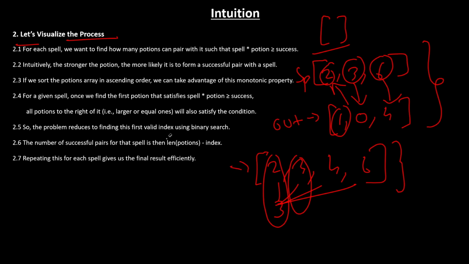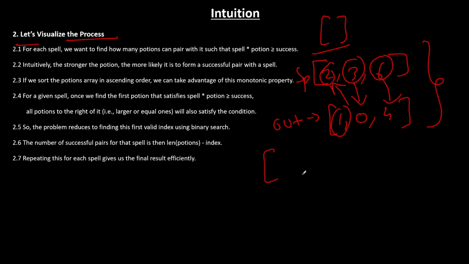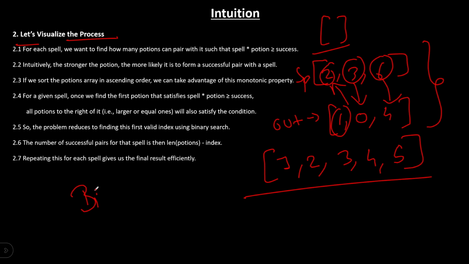From there, we can figure out that if we sort this potion array, for example, if after sorting it becomes 1, 2, 3, 4, and 5, it becomes easier for us, because if a sorted list is given to you, or it has a monotonic or bitonic pattern, the most common concept which we use there is binary search.